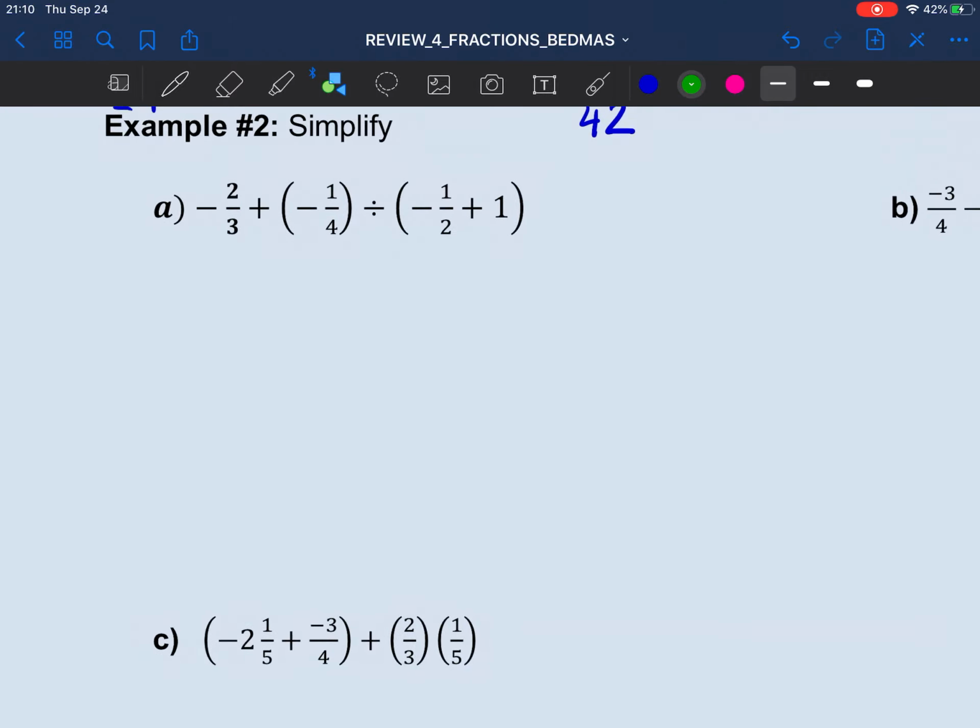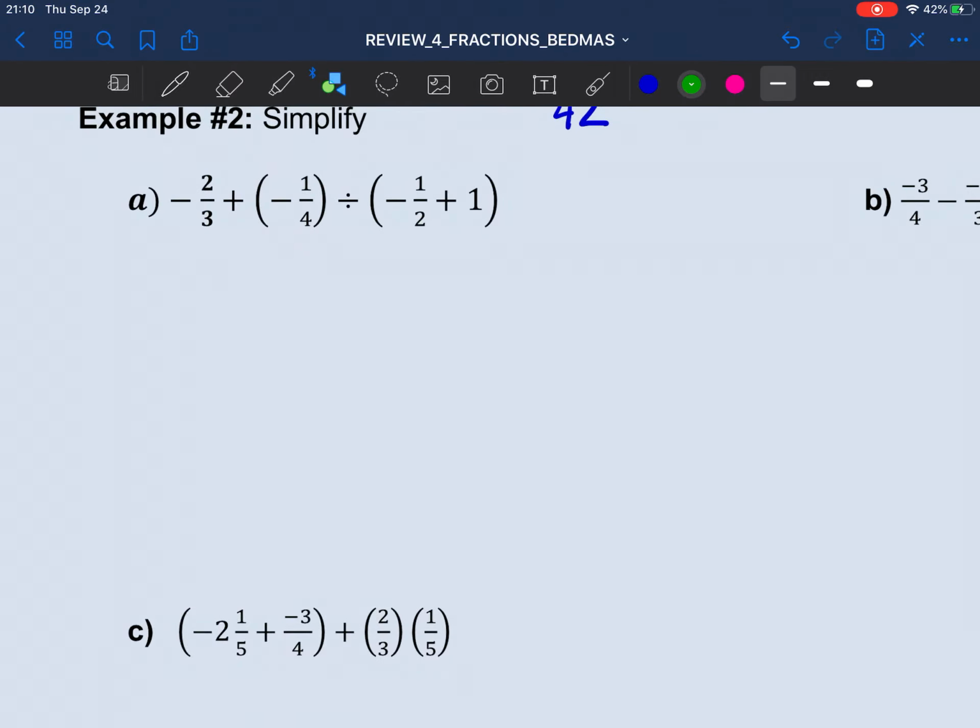So in the next example, we have negative 2 over 3 plus negative 1 over 4 divided by negative 1/2 plus 1. So I'm going to pay attention to brackets first because they must be done first. So we have a bracket here.